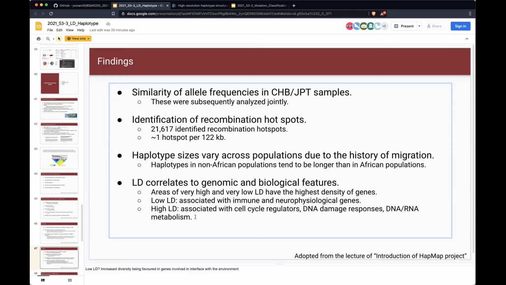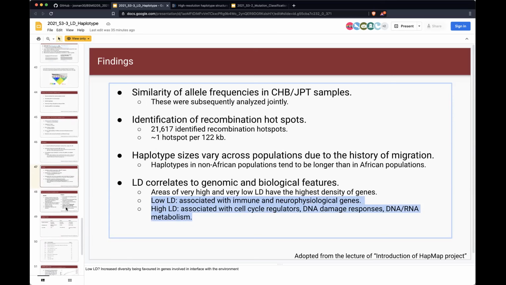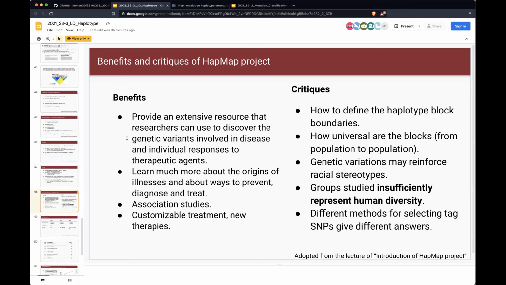And I'm not sure how much these findings persist in recent LD studies, because we have much deeper information for each population. So probably the Korean population's LD information or Europeans' LD information is slightly different because of these issues. So this is again one of the topics we can use in studies.